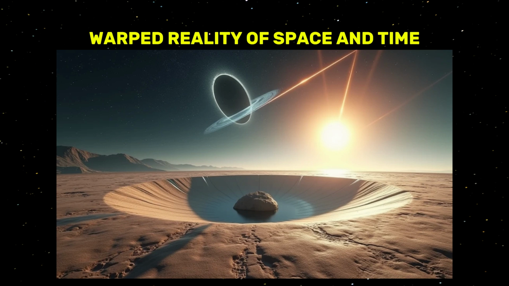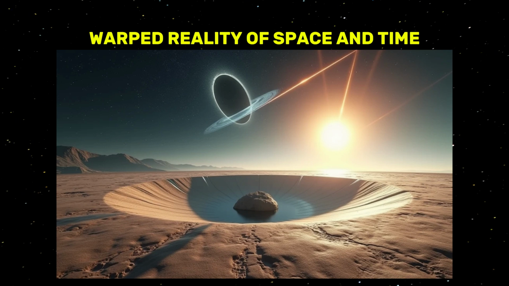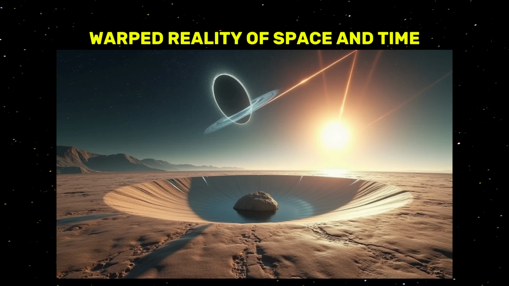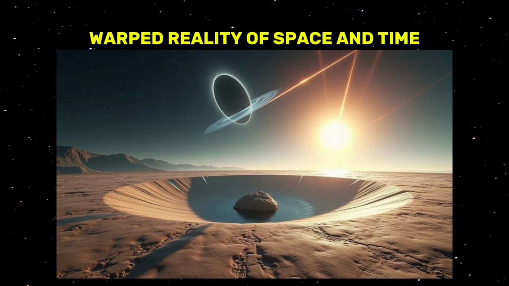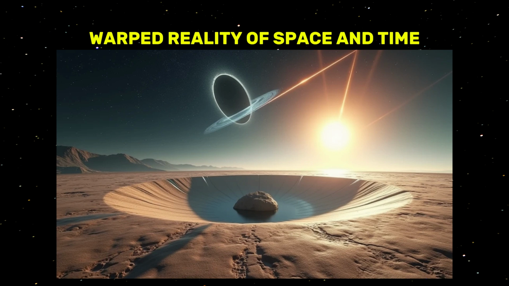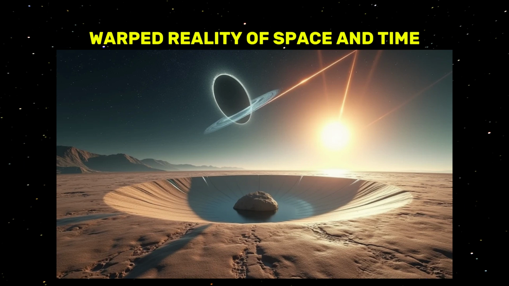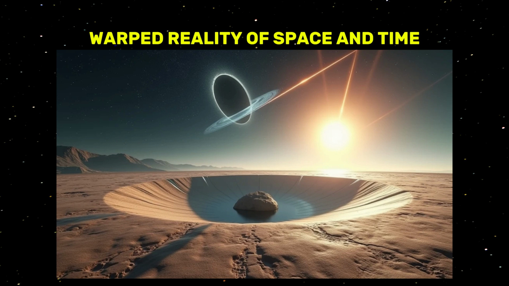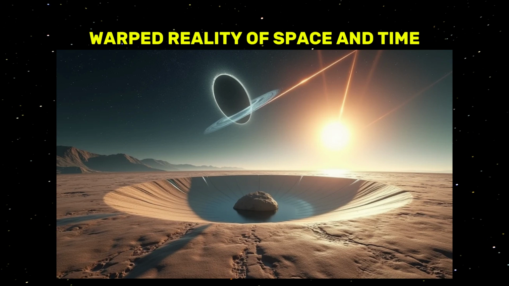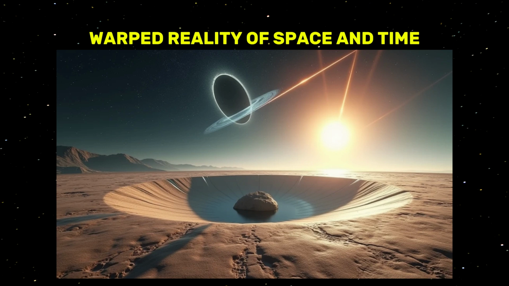According to general relativity, this collapse creates a singularity, a point where spacetime curves infinitely and the gravitational pull becomes immeasurably strong. Around this singularity lies the event horizon, a boundary beyond which nothing, not even light, can escape. It's the ultimate point of no return.